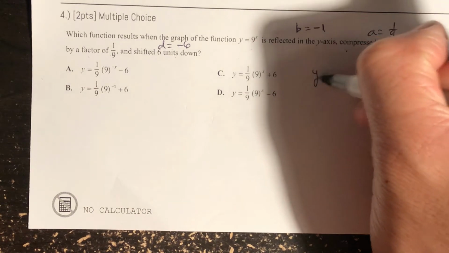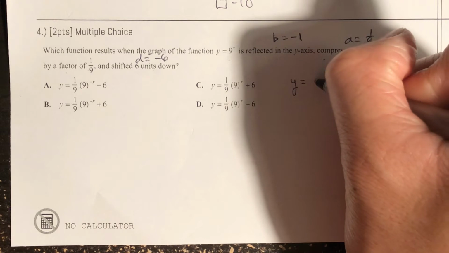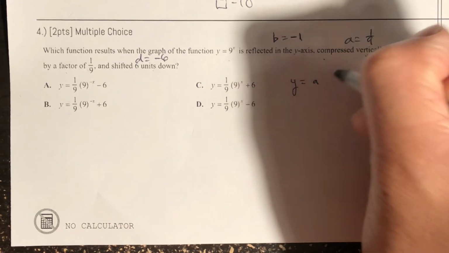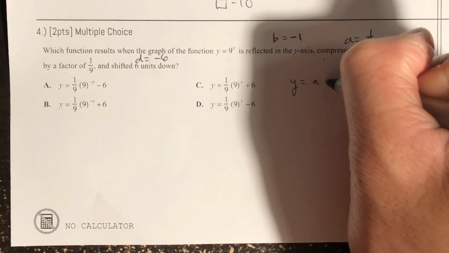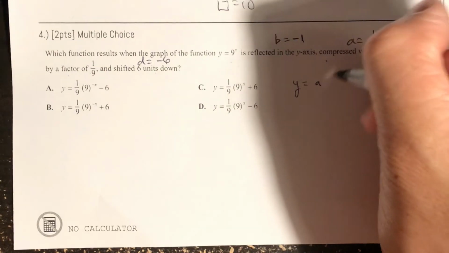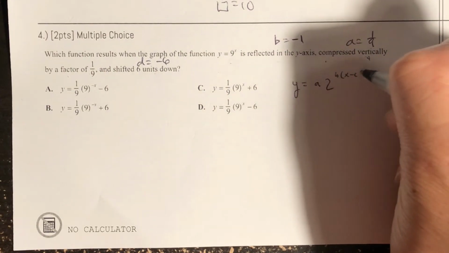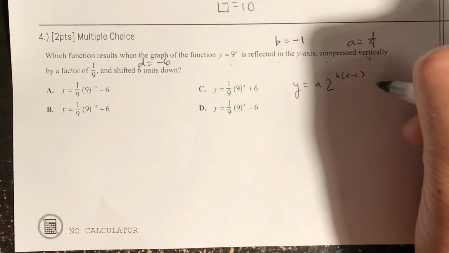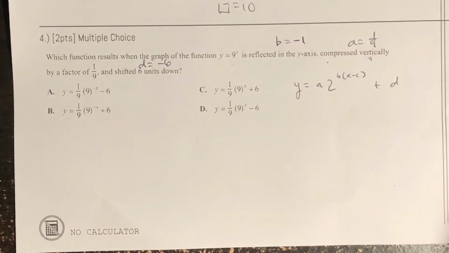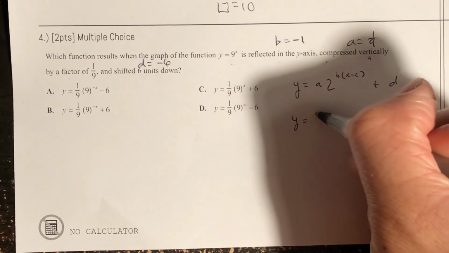I have my formula sheet with me, but you have something like a times b to the x minus c, and then plus d. So our a value is 1/9.